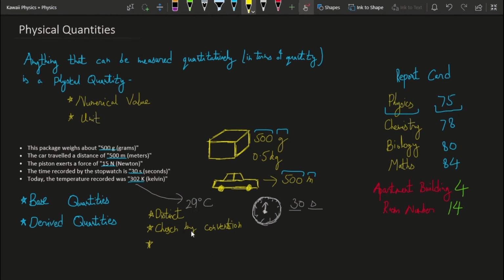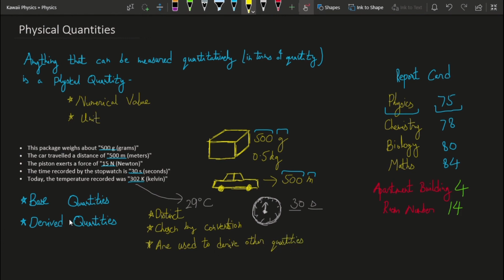We will talk about how the meter became a meter in future videos. So, chosen by convention and used to derive other quantities.